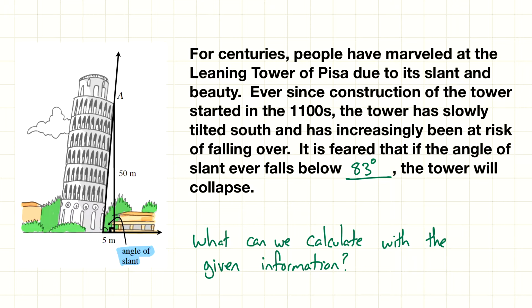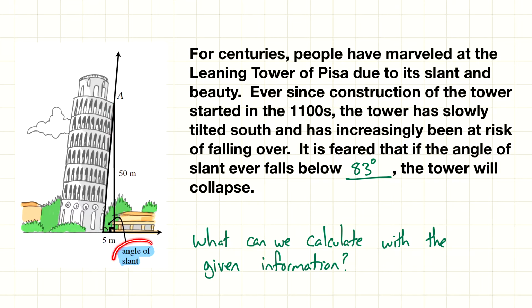So there's a couple measurements we have, and this is kind of what people have done to figure out some angle measurements: if they drop something straight down, it falls 50 meters, and it's 5 meters away from the base. So we know these measurements.